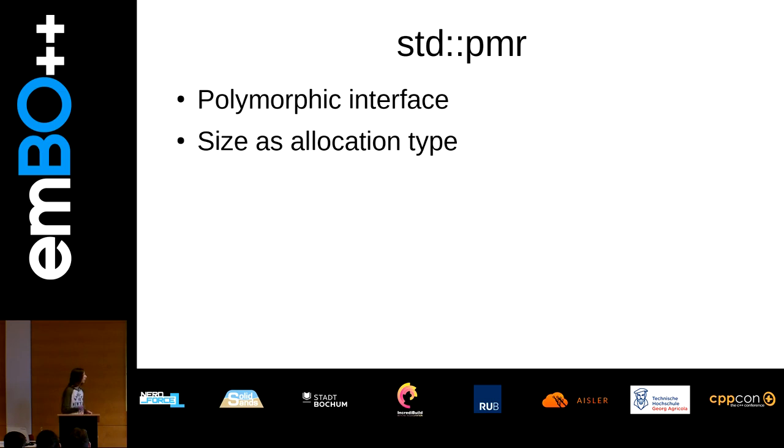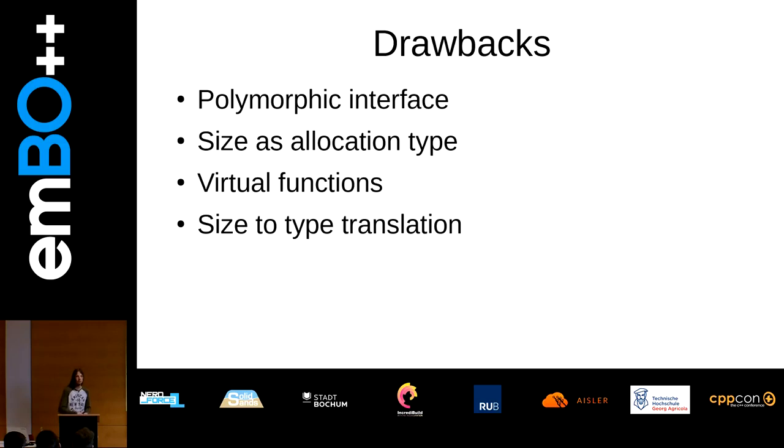The problem is that polymorphic allocators use a size as the allocation type instead of the types itself. So you would need to do some translation from size into type to get that to work. And also the destructor does not include a size or a type at all, so it would be impossible to know where to deallocate your memory, or you need to do tracking.